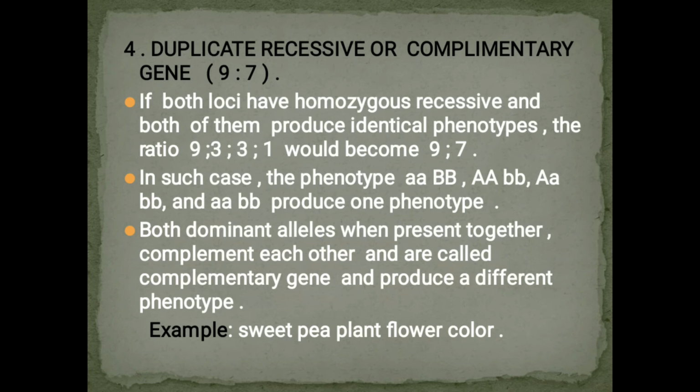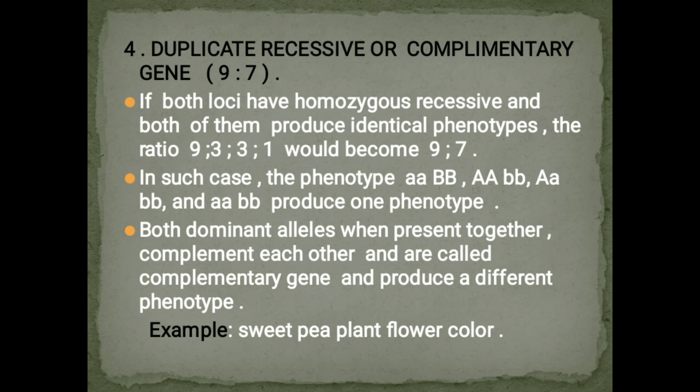Fourth one, duplicate recessive or complementary gene. Its ratio is 9:7. If both loci have homozygous recessive alleles and both of them produce an identical phenotype, the ratio 9:3:3:1 becomes 9:7.